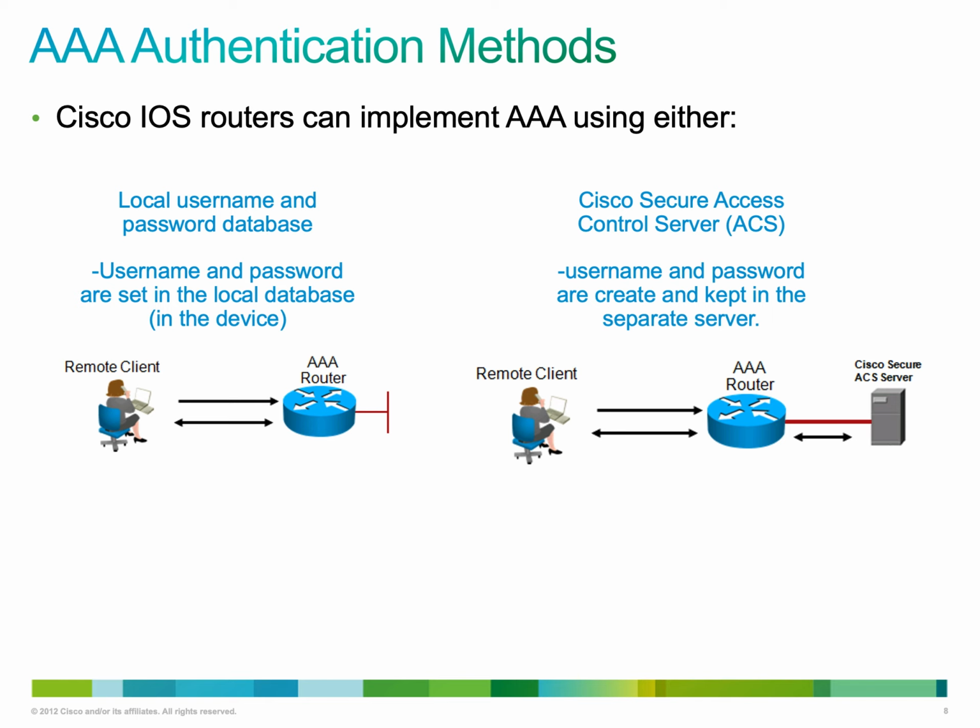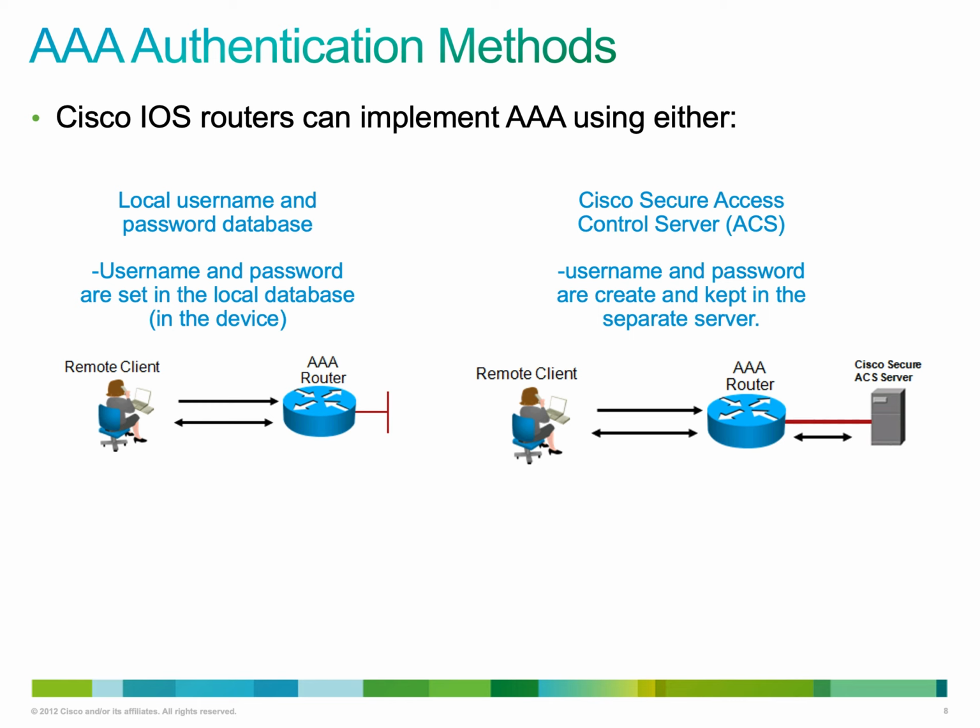That's one way. Another way is the Cisco Secure Access Control Server, ACS. Cisco Secure Access Control Server is the big deal. So either they use a local username and password database, or they use the Cisco Secure Access Control Server, ACS.